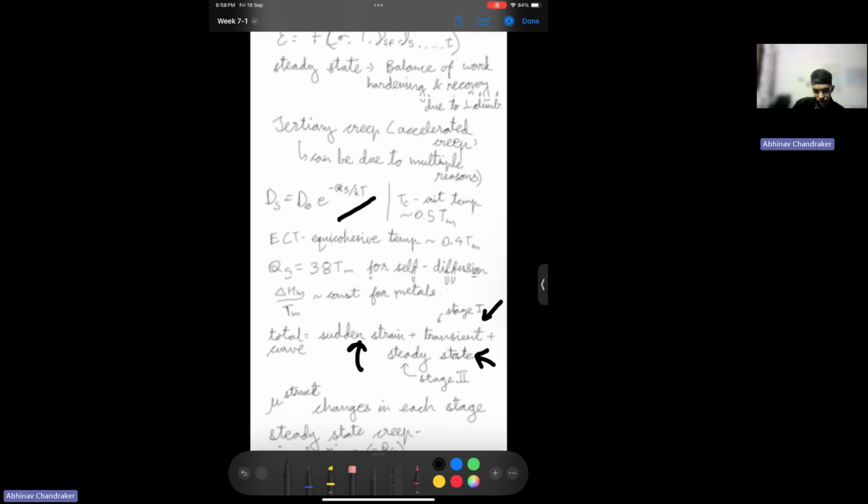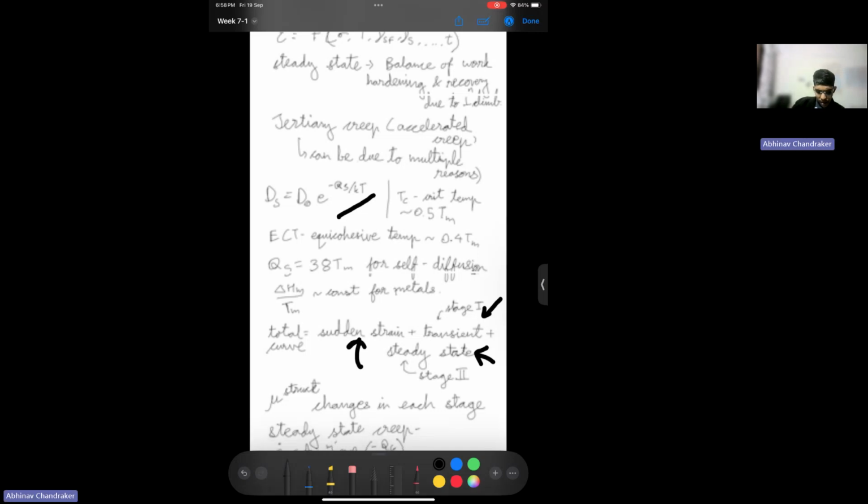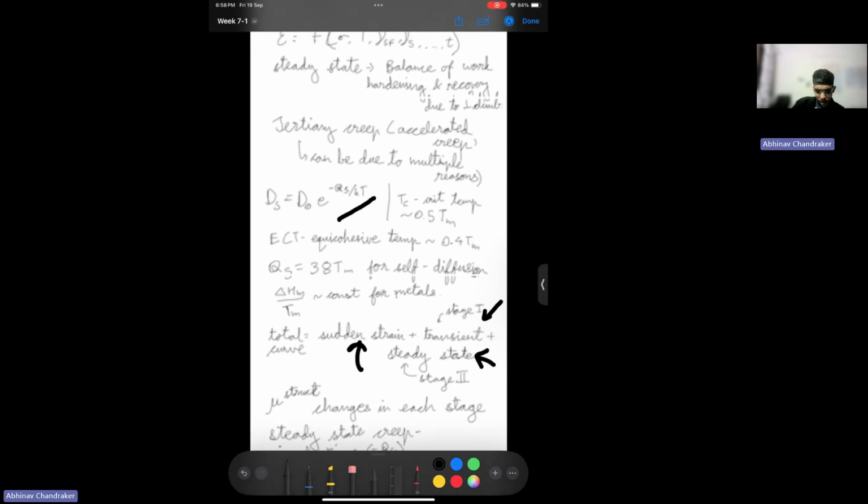So here Qs is for self diffusion. So the same kind of atom diffuses in its matrix. It's also related to vacancy mobility, but self diffusion based. And this is the equation for that. It will come up in all the creep equations we'll look at later.